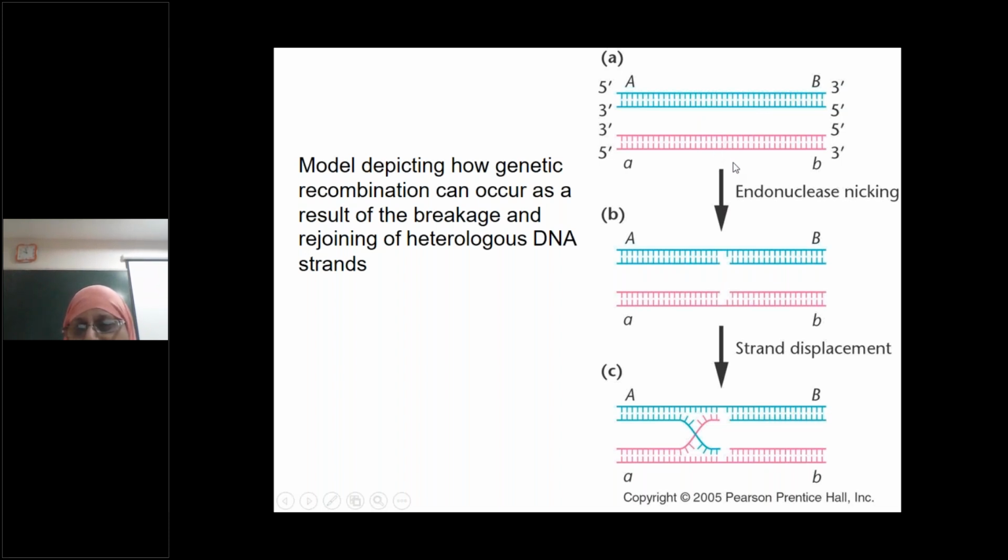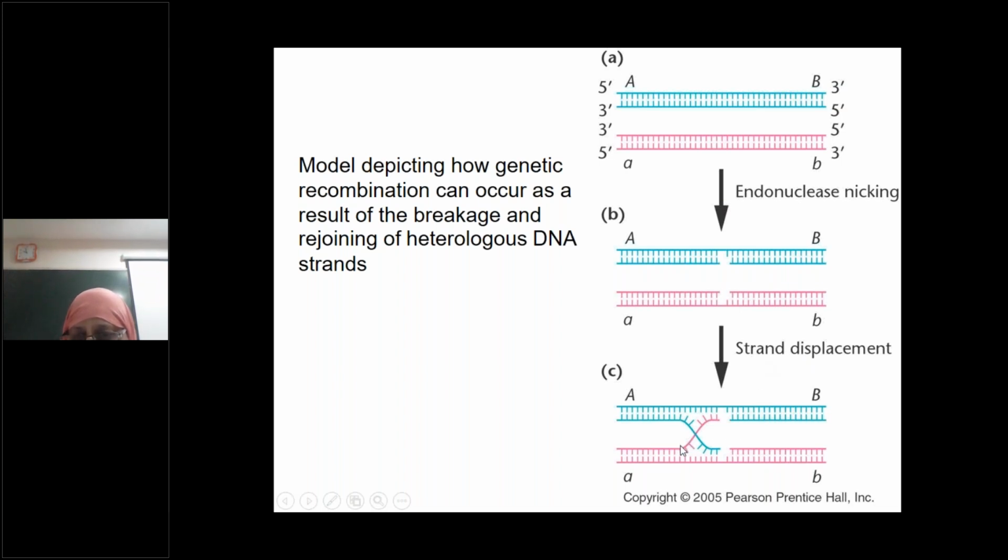In order for recombination to take place, an endonuclease will cause a cut in both the DNA strands. Here you can see this is a cut made by the endonuclease. Then in the next step, there is a displacement of the strand.